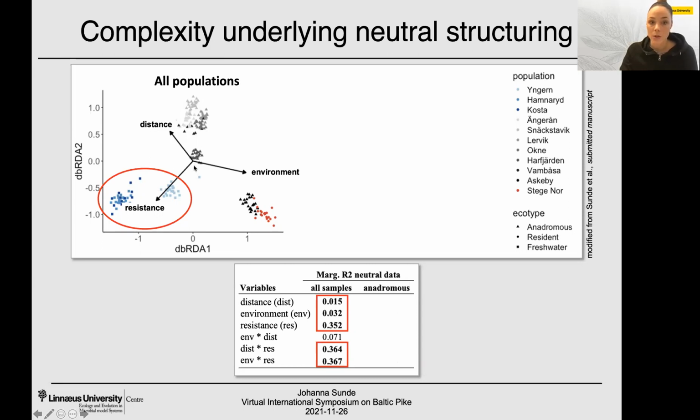And if we look at the plot, the direction of separation from the different explanatory variables points in different directions, which indicates a complex interaction between these different modes of isolation that shapes the neutral genetic variation, or neutral genetic structuring, in Baltic Sea pike.